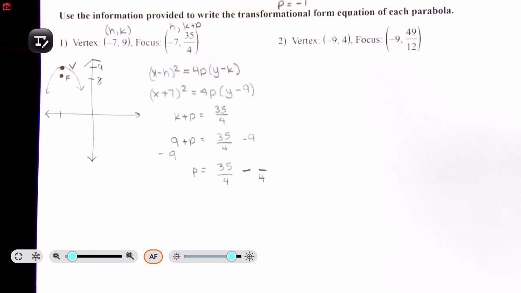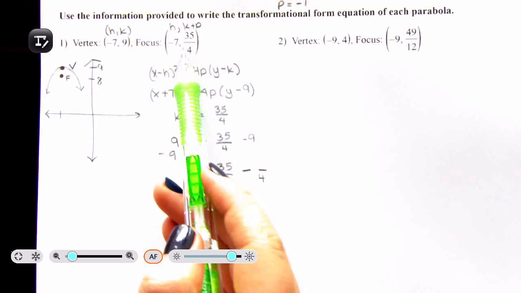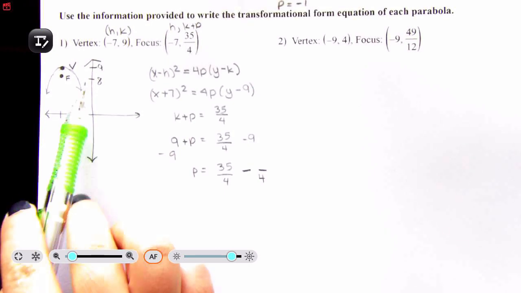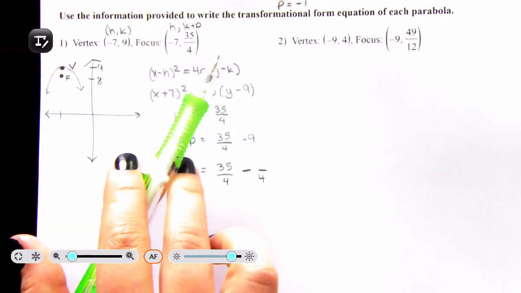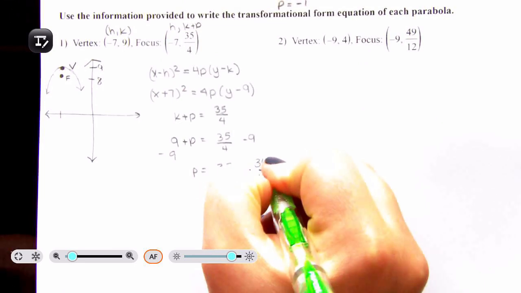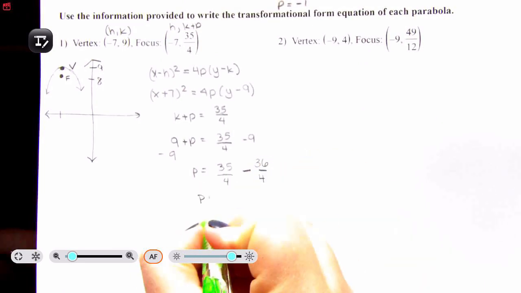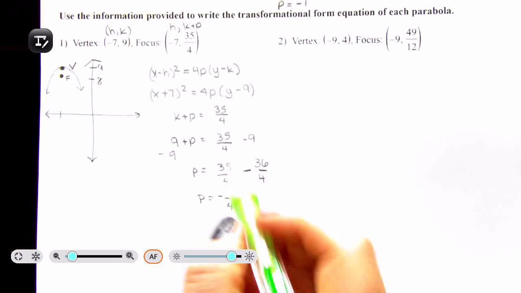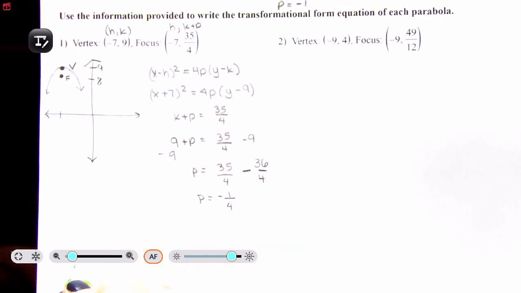You don't want to use decimals here. You'll notice that they're giving you fractions. Only use decimals when approximating where your values are, or you convert that to a mixed number, so it's 8 and something else. So 9 times 4 is 36. So P is equal to -1/4.